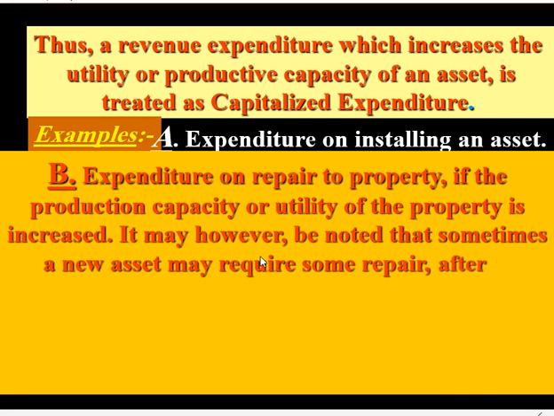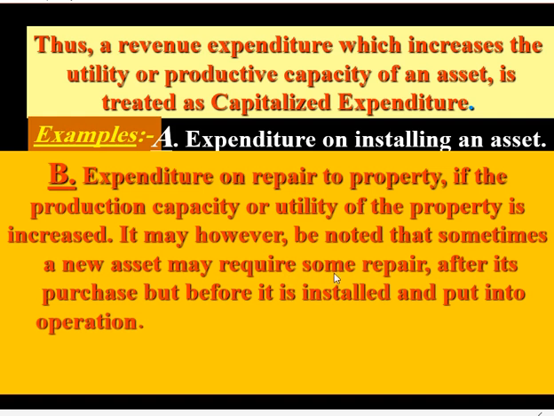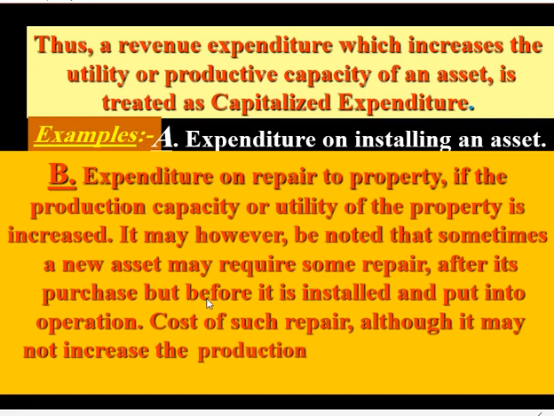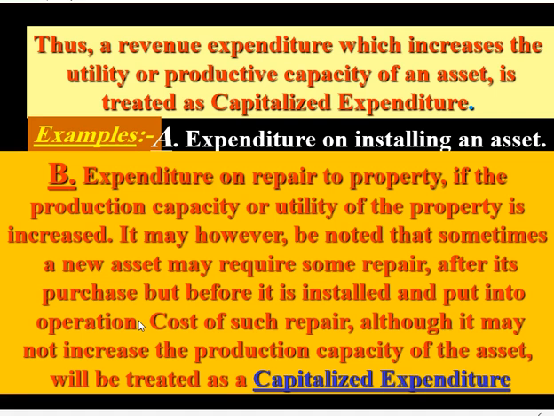It may however be noted that sometimes a new asset may require some repair after its purchase, but before it is installed and put into operation. Cost of such repair, although it may not increase the production capacity of the asset, will be treated as capitalized expenditure.